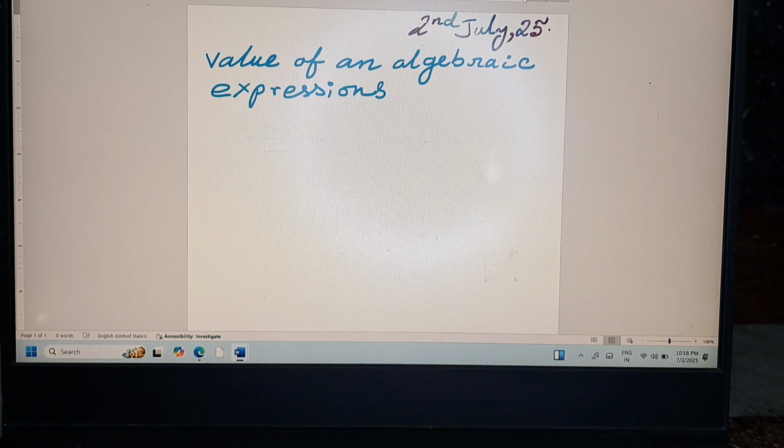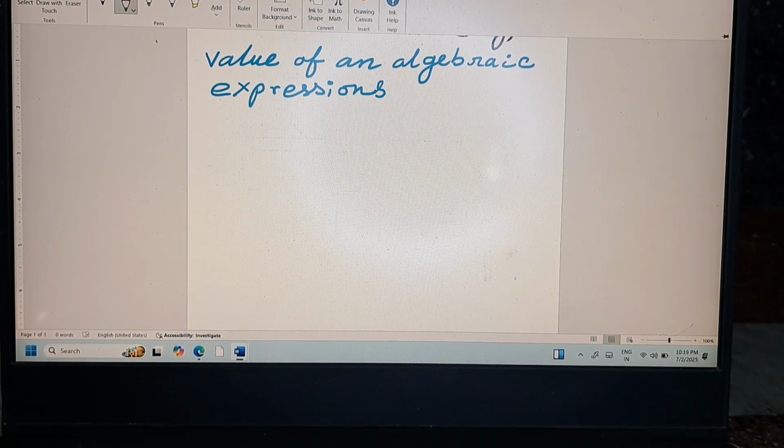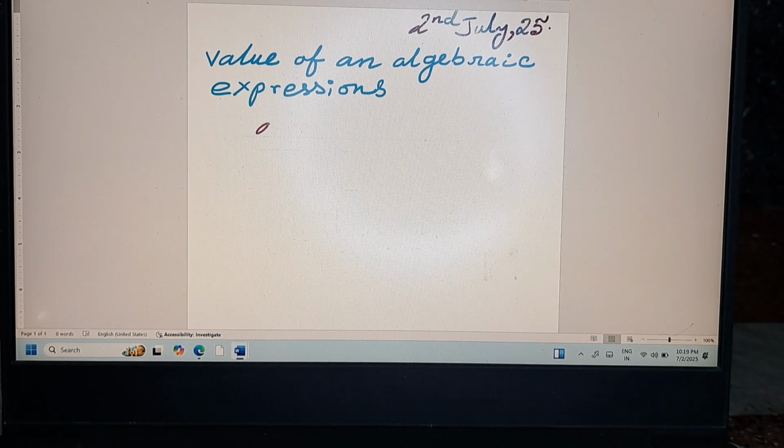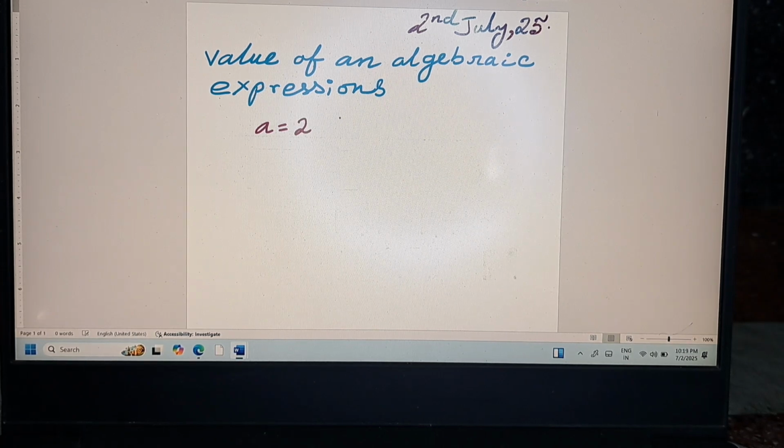Before I start this topic, let us first understand the meaning of the word variable. In algebra we use different variables, and the value of a variable keeps on changing, like a is equal to 2, b is equal to 3, c is equal to 4.